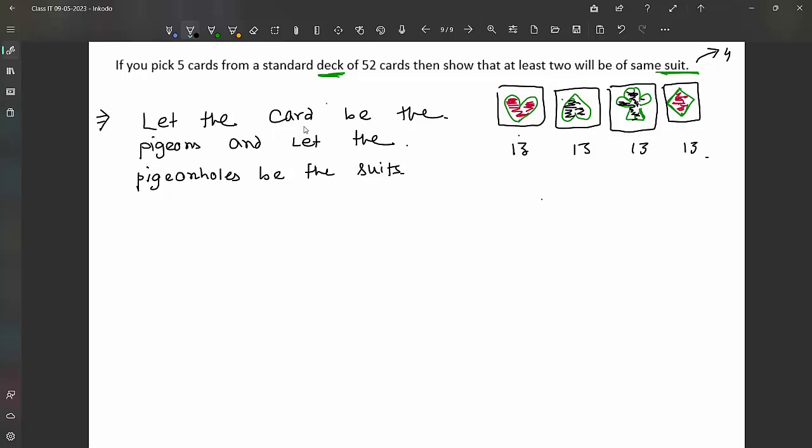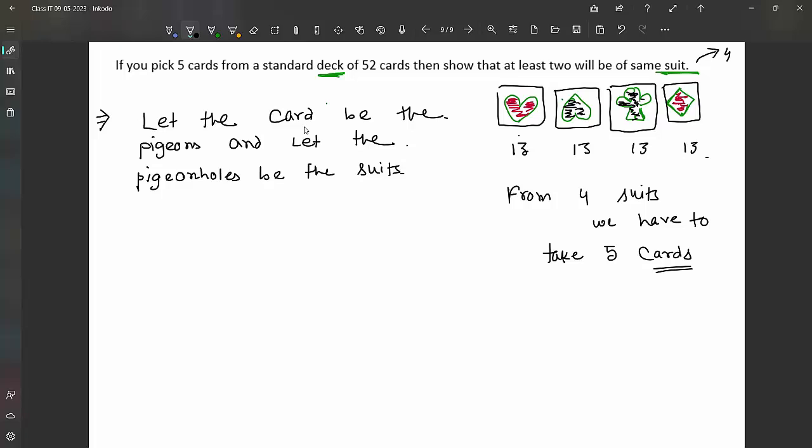So from the 4 boxes, we will take 5 cards. From 4 suits, we have to take 5 cards. So obviously you can see that you have to take at least 2 cards from one of the suits.